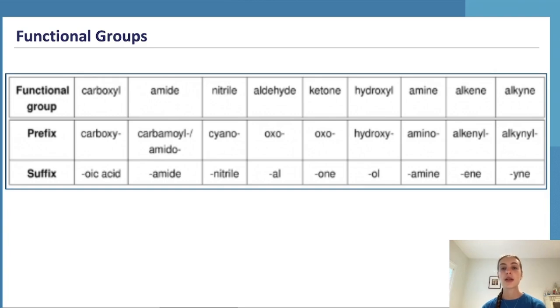That's just because there are lots of very, very complex molecules that have hydroxyl groups in them, and so the hydroxy prefix gets used quite frequently. But typically you would want to prefer the suffix of -ol because that's your normal naming convention for an alcohol. So unless there's a higher priority functional group, you wouldn't want to use the prefix of hydroxy.